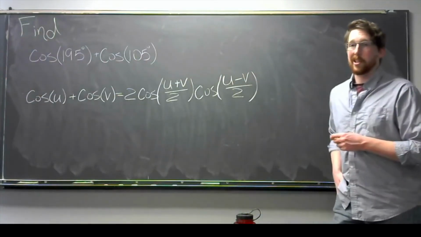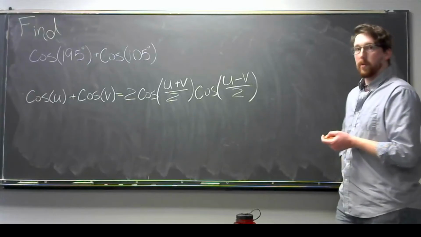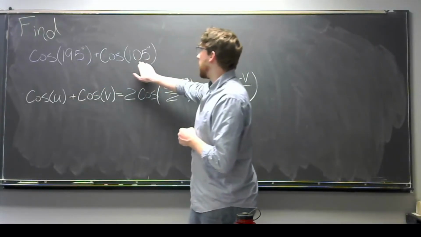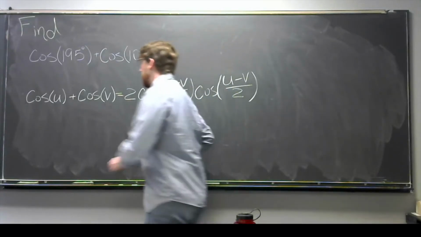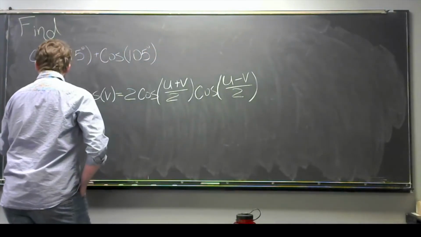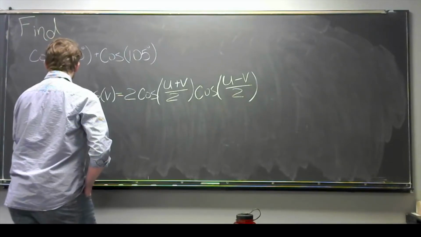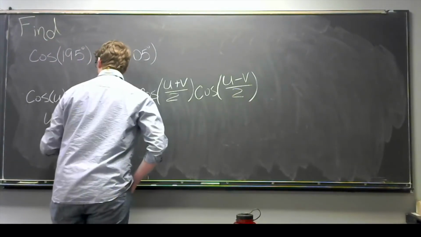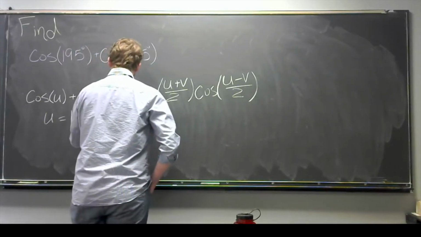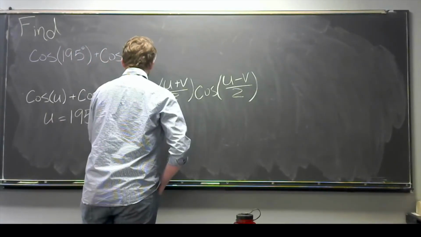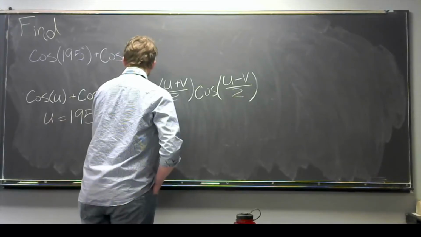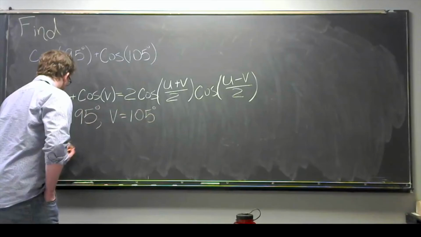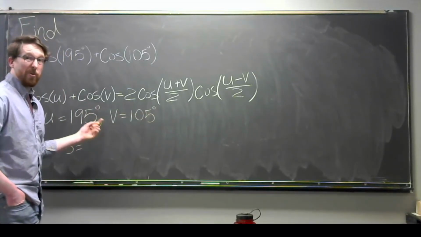Well, this is going to be easy enough because we can clearly see what u and v are, right? 195 and 105. So, rewriting this, we know that u is equal to 195 degrees. v is equal to 105 degrees. We also know that u plus v is going to be 300 degrees.